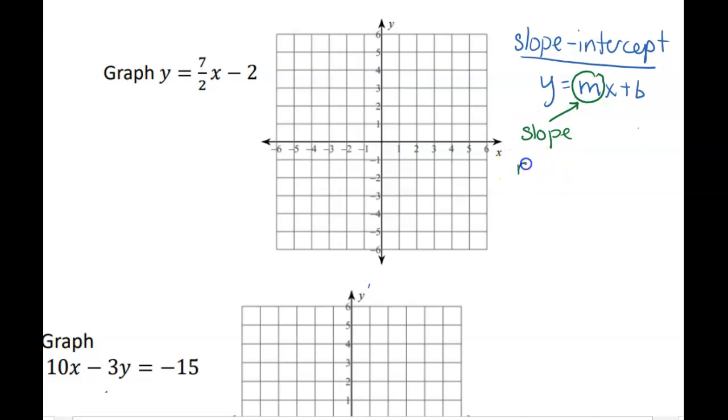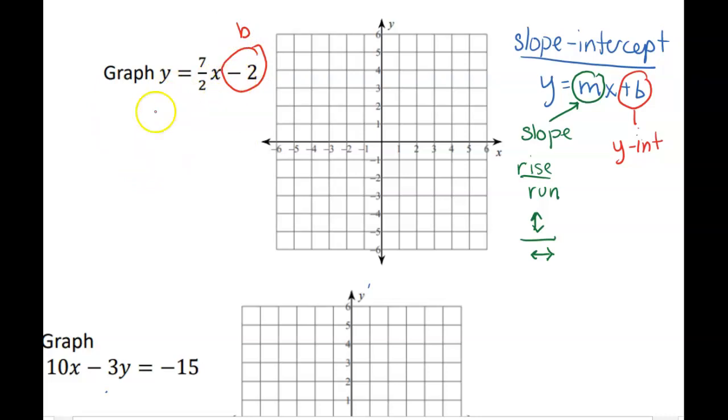Okay, now remember our slope is rise over run, or the top number tells us if we're going up or down and how much. The bottom number tells us if we're going left or right and how much. Okay, and then the b is going to be our y-intercept, or where it crosses the y-axis. Okay, so in this case, -2 is our b.